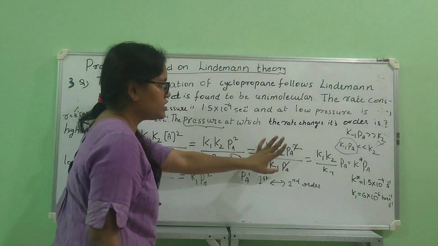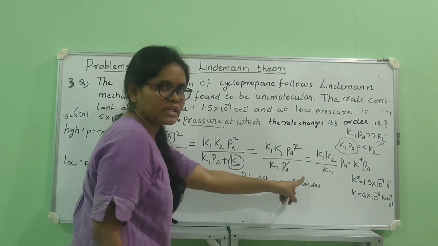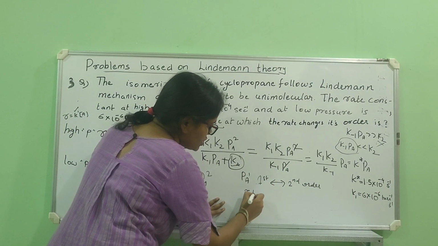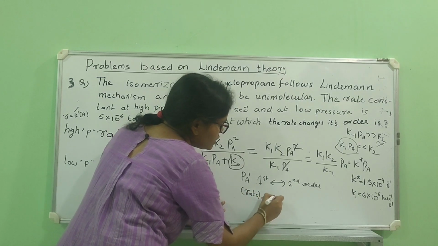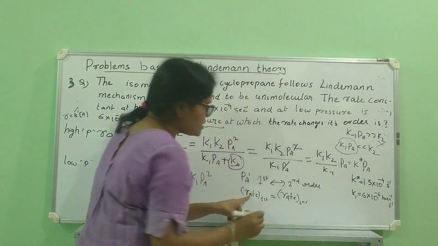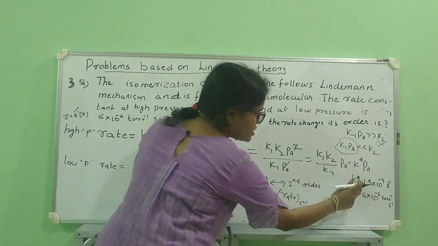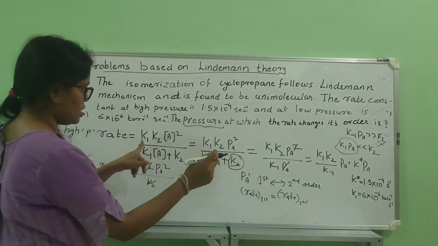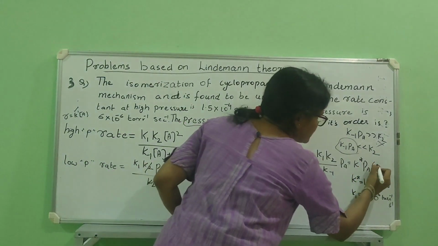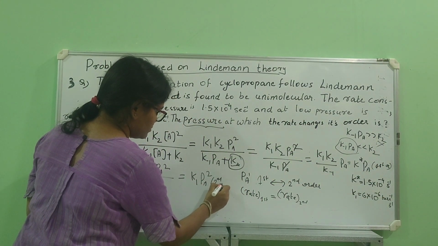So at this PA dash, first order rate will be equal to second order rate. So during this transition, both the rates will be equal. So what will be the first order rate during the transition? Here, K star into PA. So this is first order, this is second order.